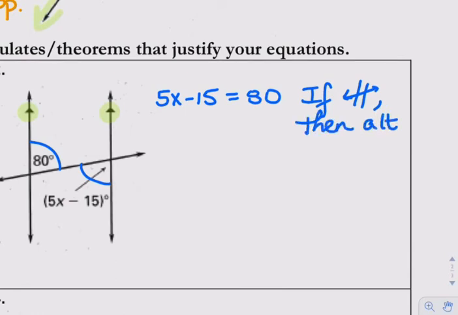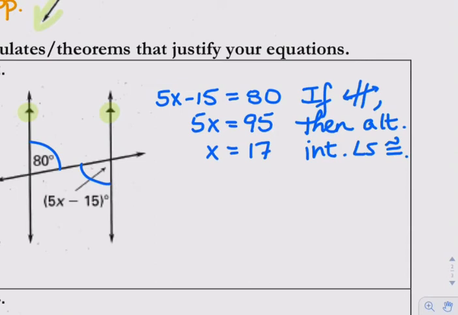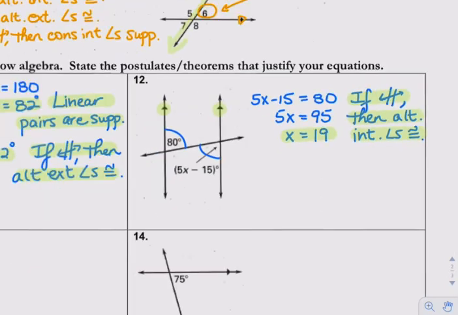Alternate interior. Alternate interior angles are congruent. To solve this, we'd have 5x equals 95, and I think that's 17. No, it's not. 19? Yeah, that works. Okay, so x is 19. If parallel lines are cut by a transversal, then alternate interior angles are congruent. That one didn't have a y in it, so we're finished.